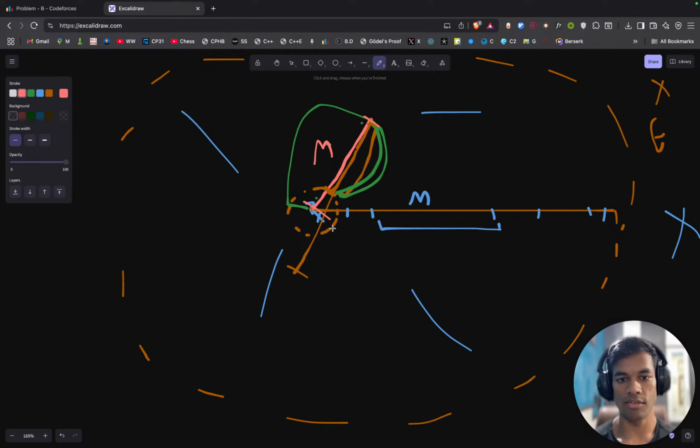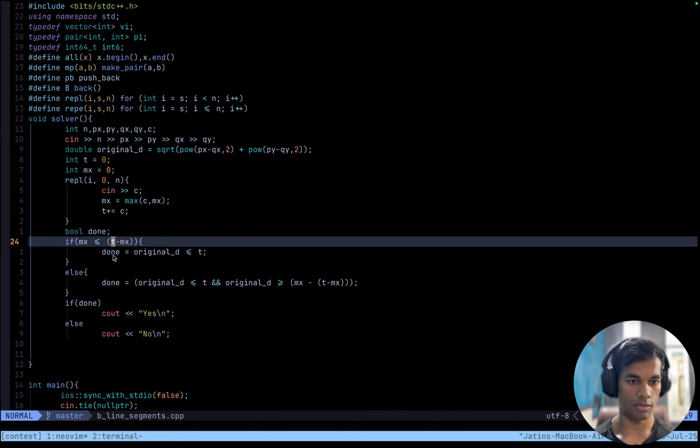If that is true, that would mean this radius is 0, and I can reach back the starting point. So I know the inner radius, and I just have to compare the end point with the outer radius, and this is what I do.